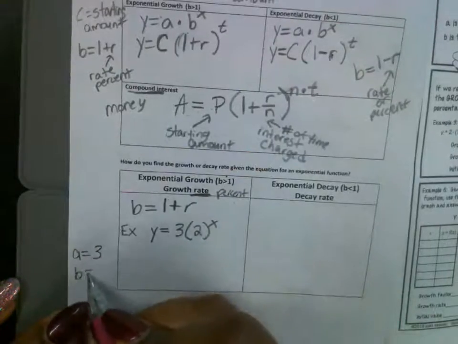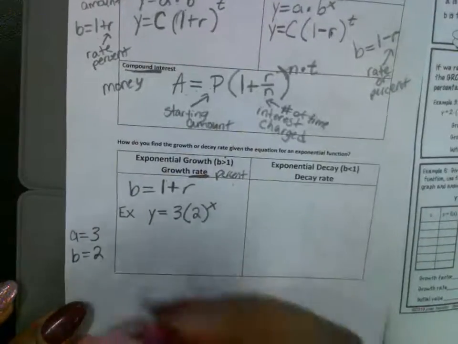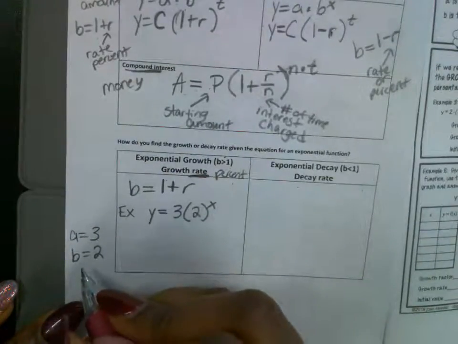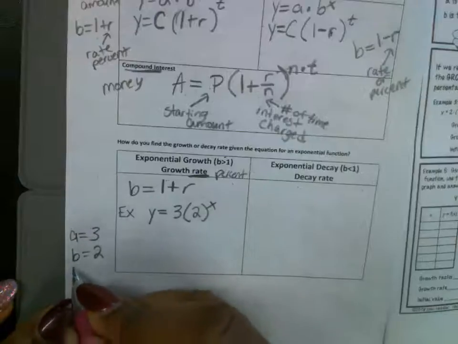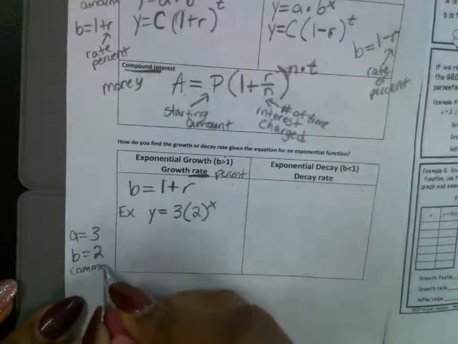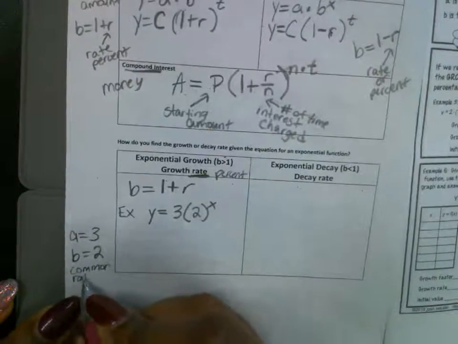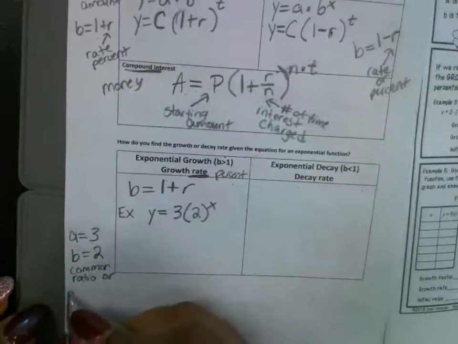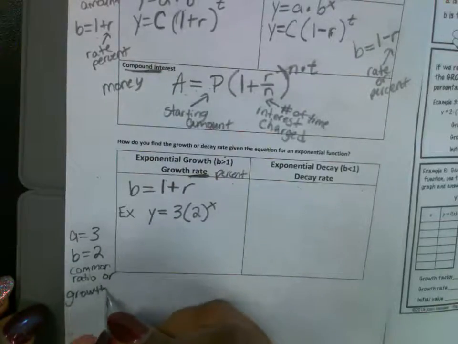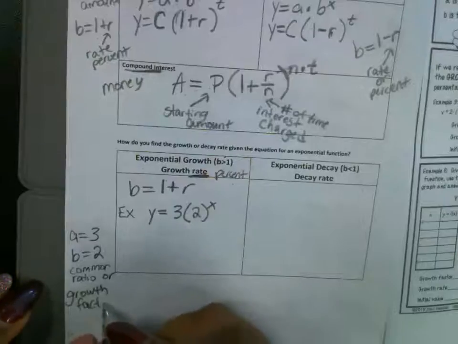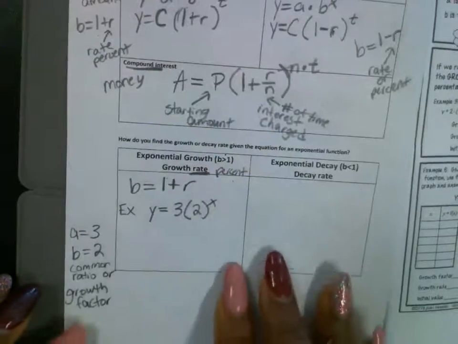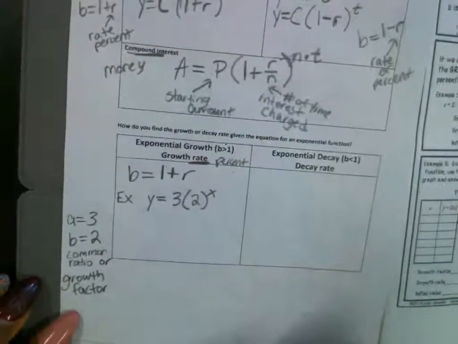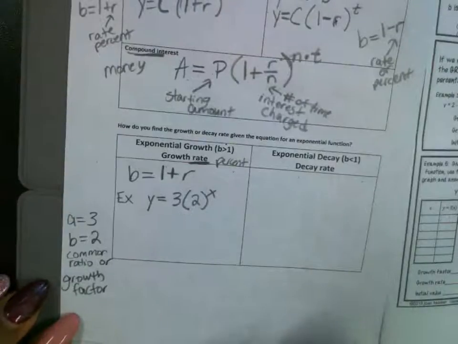B is going to be 2. That's your common ratio. And sometimes they call this the growth factor. So this is either common ratio or growth factor. It's the number that's being multiplied to get to the next number. Factor means multiply. So it's our common ratio or growth factor.